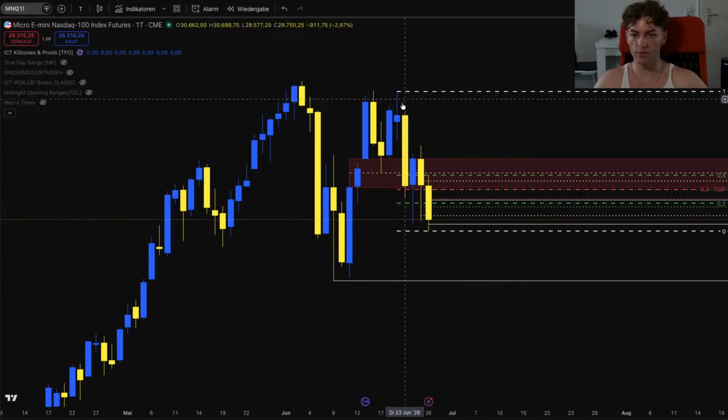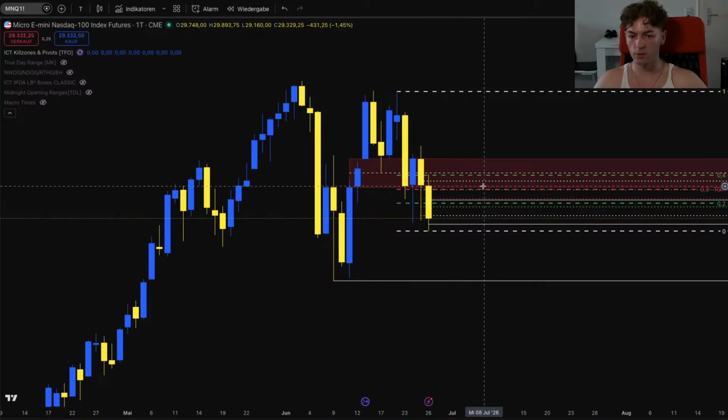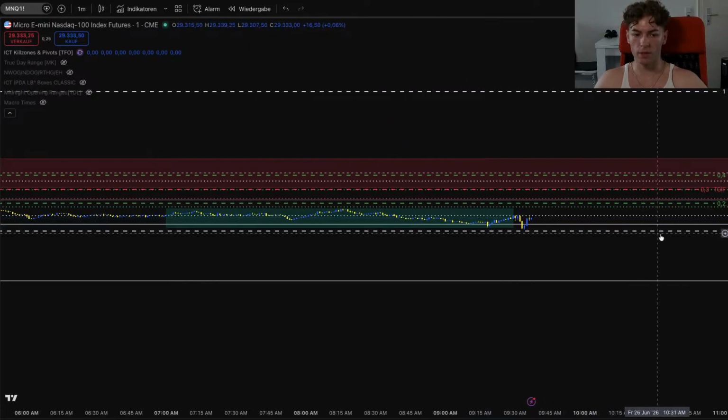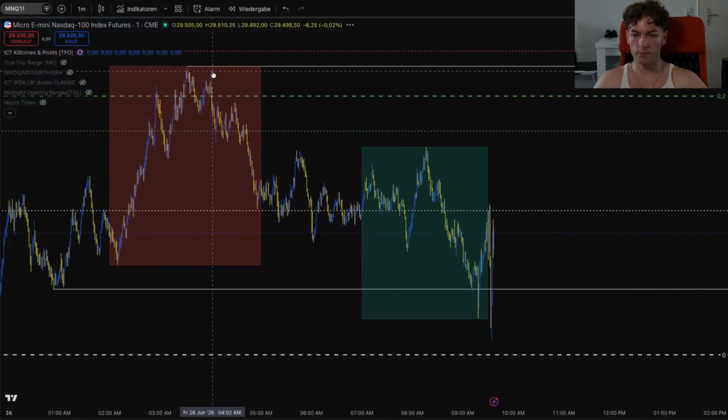Whenever it's Friday and you have a huge bearish or bullish week, you measure the high and the low of the week so far, and more often than not you can expect a retracement back into the 20 to 30% retracement level. So that's what I said in the beginning, why I expect maybe a London high raid.